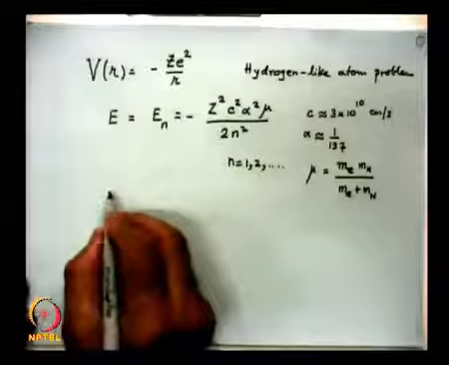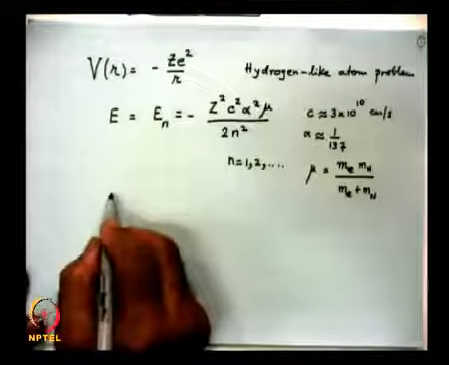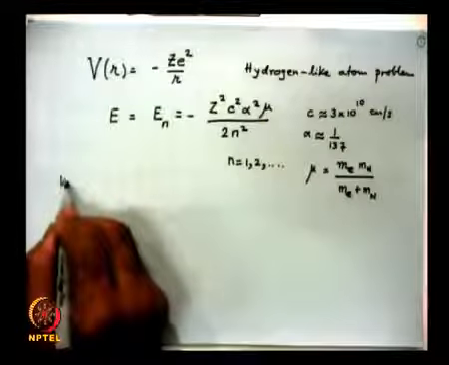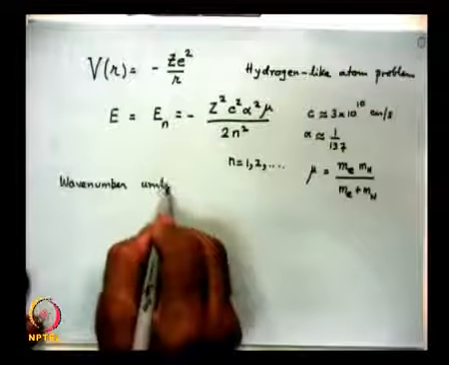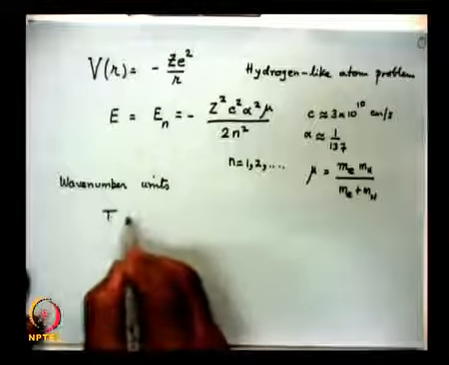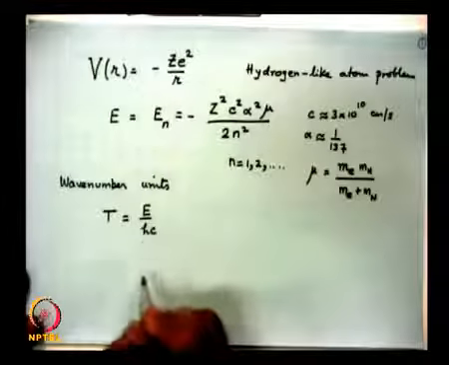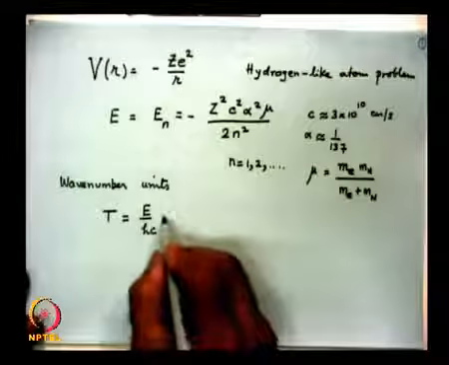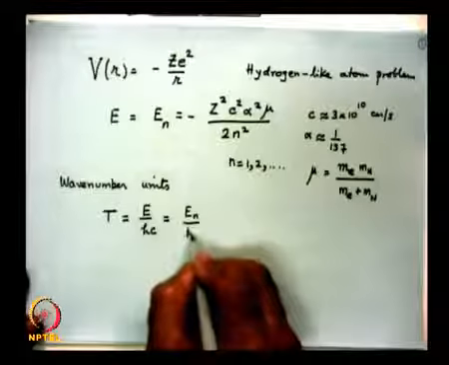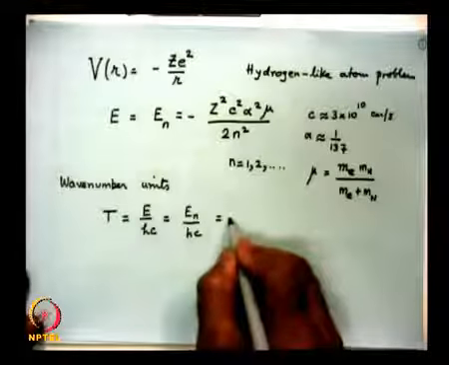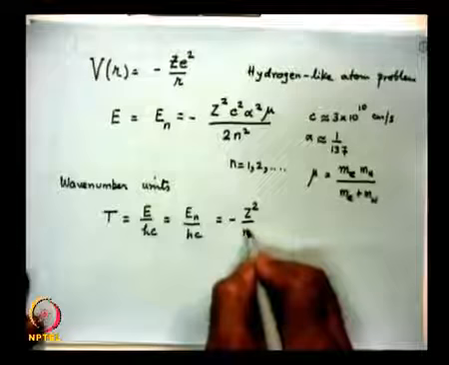Now, we said that usually in spectroscopy we write the energy levels in wave number units, and the term value for each state is defined as E by hc, where h is the Planck's constant and c is the speed of light. So, you will have E_n by hc, and this will be equal to minus Z squared by n squared.